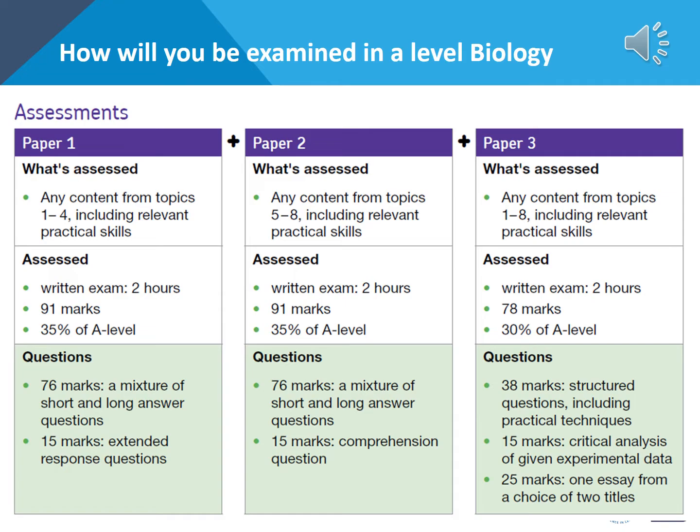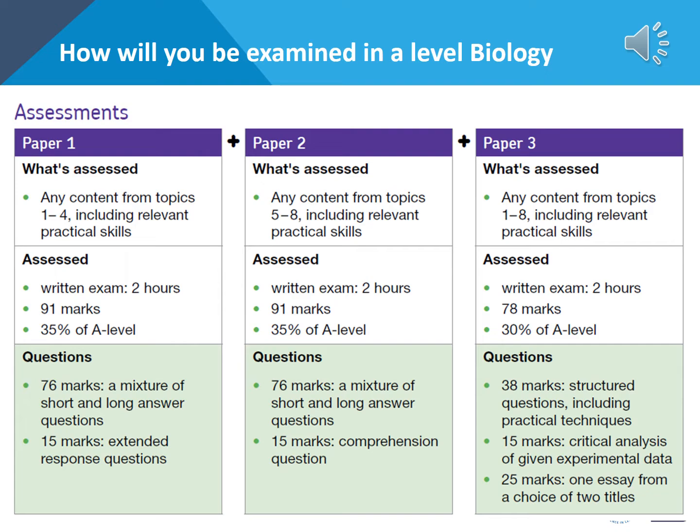Another very common question which I'm asked is how will I be examined? How will I be tested for my A-level? Like all the other A-levels on the new spec, it's all assessed by terminal exams. In other words, exams you'll sit at the end of your 2-year course. And in biology that consists of 3 papers.